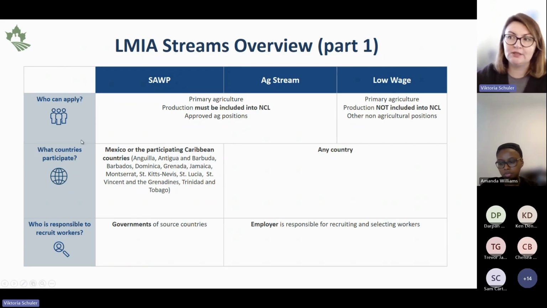With SAWP, what countries can participate? There is Mexico and participating Caribbean countries, with which Canada has a bilateral agreement. For ag stream low wage, it could be a worker from any country. The other interesting point is, who is responsible to recruit the workers? For SAWP, it's the government of the source countries that are responsible.